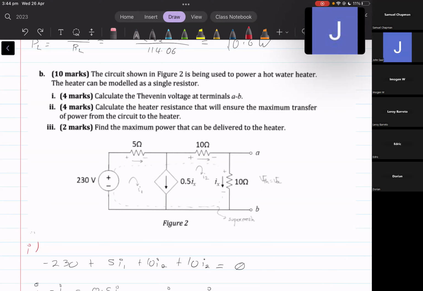So if this was just like an open circuit, or even if it's just a resistance, we'd disable the voltage source. So it's a short circuit. And then we just look in from the 2 nodes and simplify it.